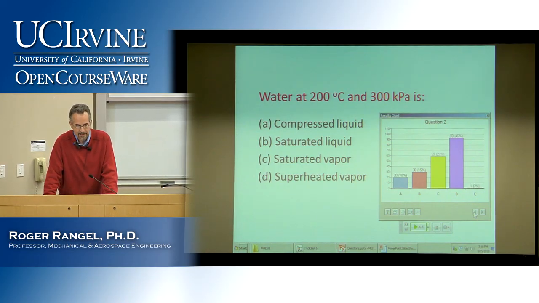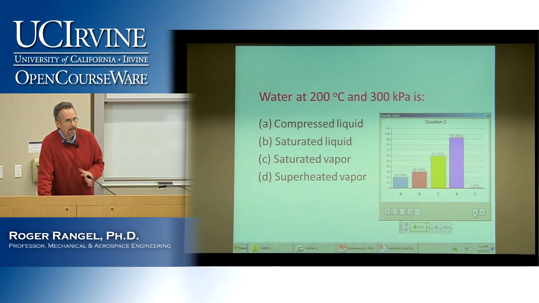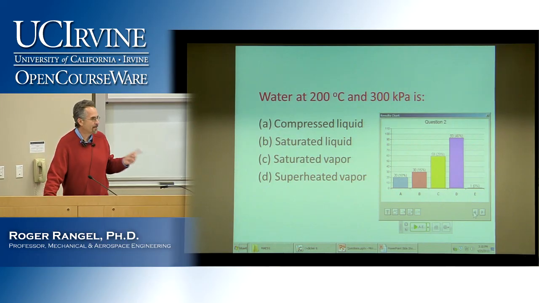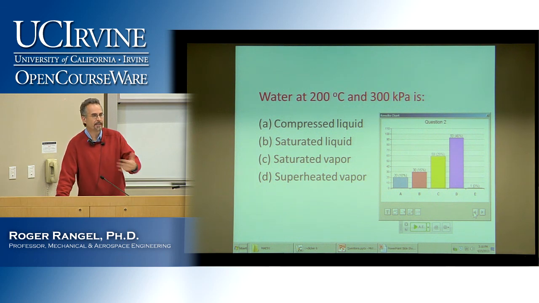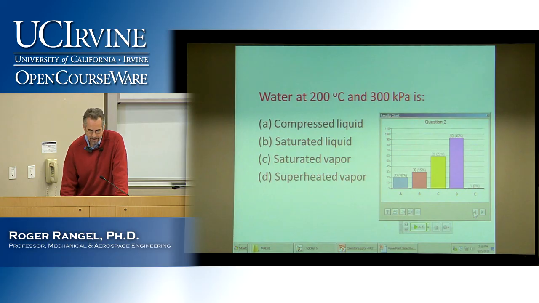All right, 200 Celsius and 300 kilopascals. This is just to see if you already have some of these numbers in your head from doing problems. But the only way to find out for sure, of course, is to go to the table. Any questions about this one? Anybody? If you don't believe it, of course, go to the table.